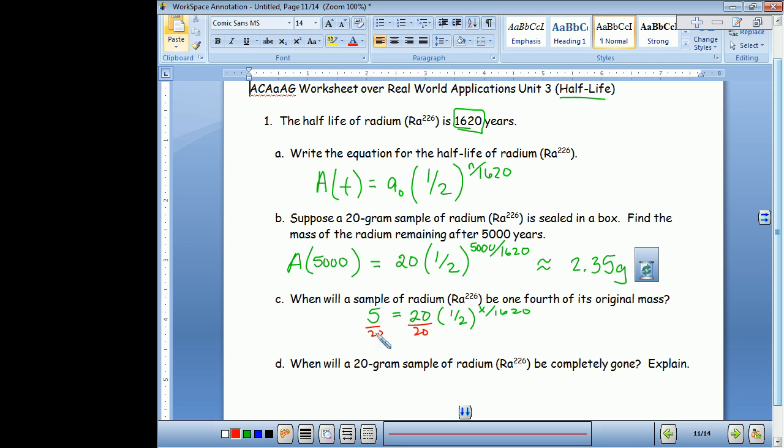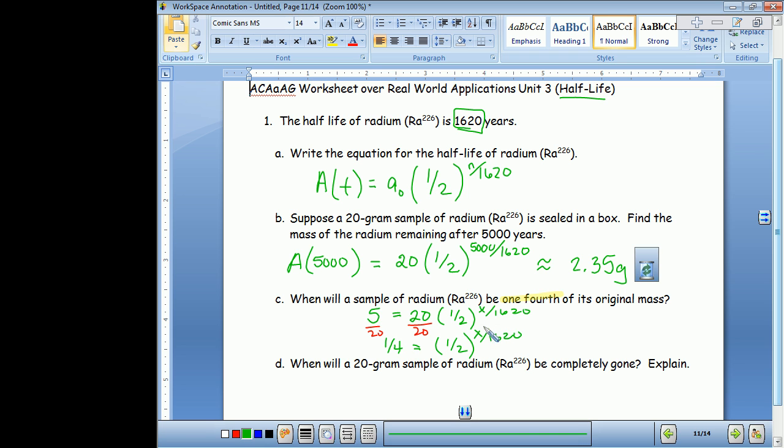And what is 5 divided by 20? That is 1/4. Was that 1/4 something I should have been expecting to happen? It is, because my instructions asked me to find when 1/4 is remaining. So if we just were to pick an amount and take a fourth of it, when we divide by this, every time we'd be left with a fourth.